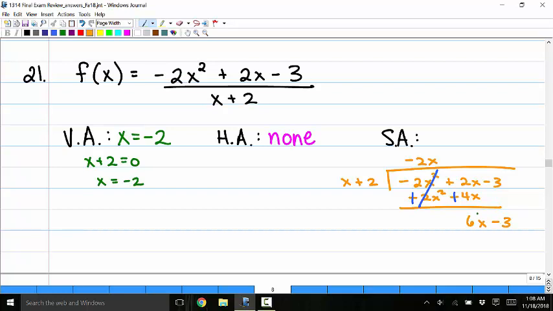Bring down the minus 3. Now, x times what gives me 6x? And the answer is 6. So I'm going to do 6 times x plus 2, which will give me 6x plus 12. Now subtract. 6x's are gone. Negative 3 minus 12 leaves me with the remainder, negative 15. But I don't care about the remainder because the slant asymptote will be y equals negative 2x plus 6. You get that from right here.